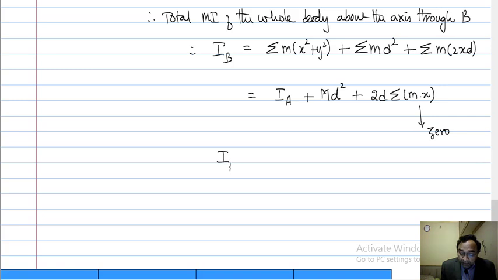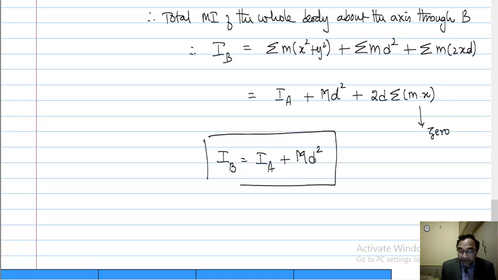Therefore, moment of inertia about B is moment of inertia about A plus mass times d square. This is the mathematical statement of the parallel axis theorem. To summarize, moment of inertia of a body about an axis is equal to moment of inertia of the body about the central axis plus mass times square of the distance between the two axes.